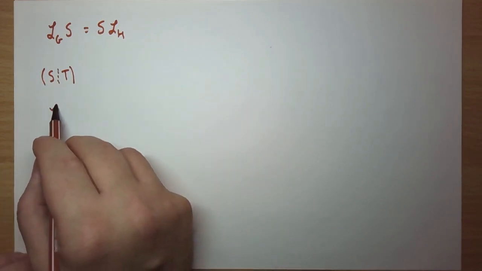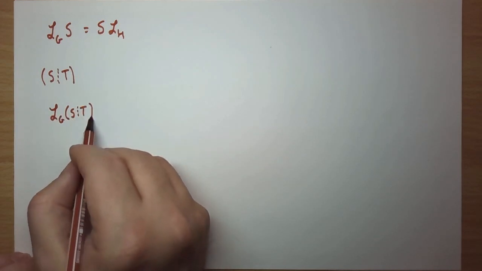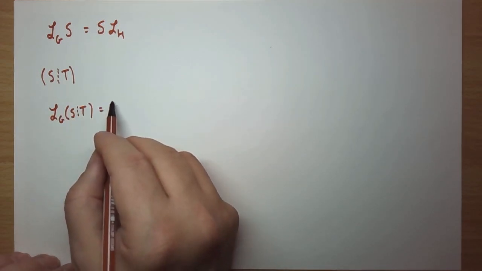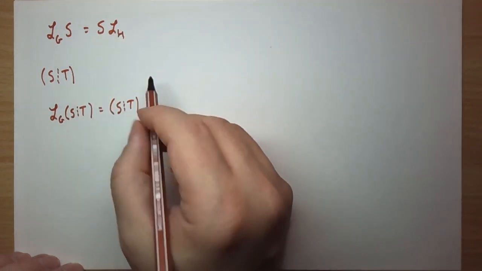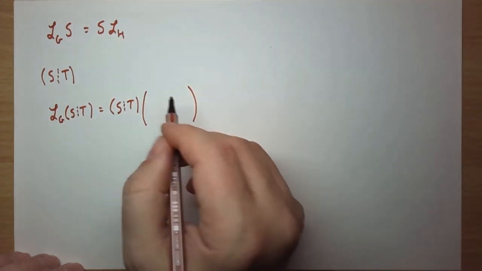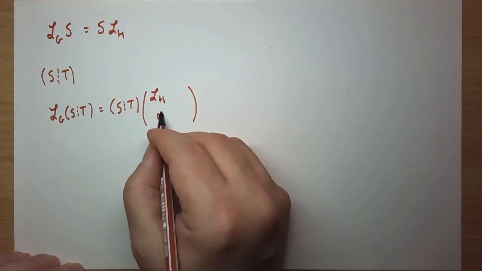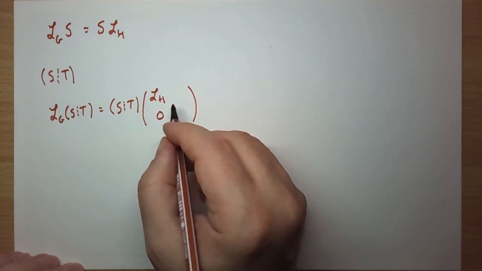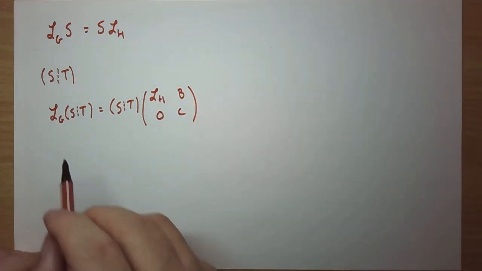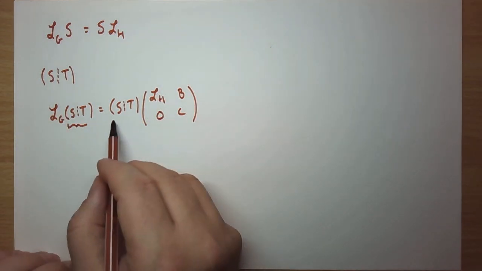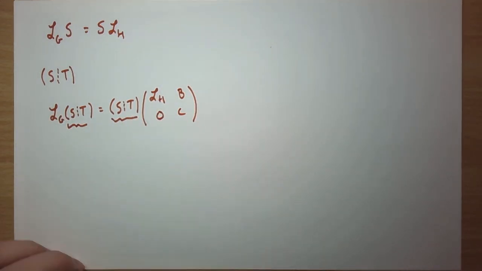And now you use that new square matrix. And when you do that, you're going to have not just L_H on this side, but you'll have the following: L_H, and then 0, other matrix, other matrix.